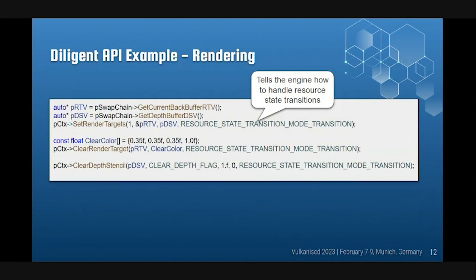But the engine also lets you do interoperability with the native API. So, for instance, if there is something in the most recent Vulkan API that's not in the engine yet, you can just switch to native Vulkan, and for this specific part, you can do just Vulkan. You don't have to write everything in Vulkan.